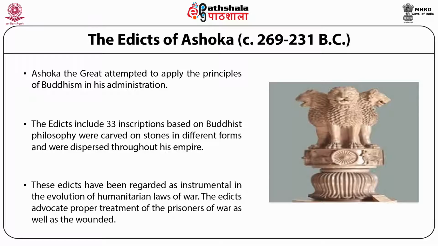But the fact of the matter is that there had been a lot of previous work. In fact, Ashoka edicts mention a number of principles of international humanitarian law, and they have advocated proper treatment of the prisoners of war as well as the wounded much before the enactment of either the Geneva laws or the Hague laws or the modern or contemporary international humanitarian law.